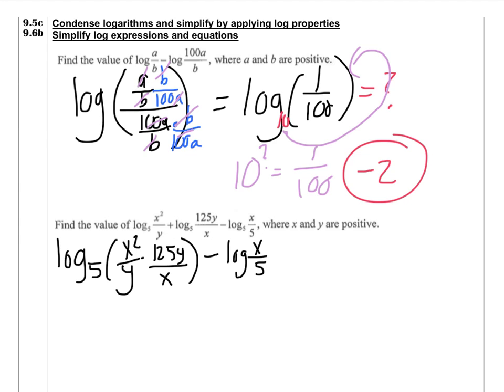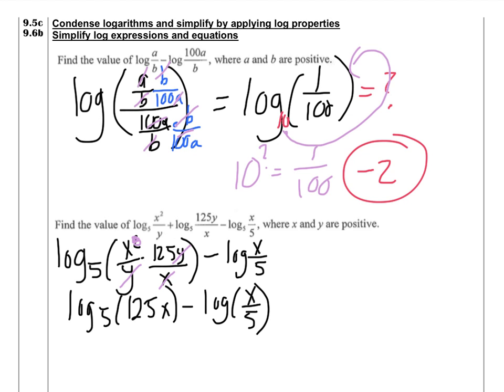Now when we simplify this here, we hopefully can notice the y's are going to cancel. That x goes away, so we're just left with 1. So now I have log base 5, it looks like, of just 125x minus log of x over 5.